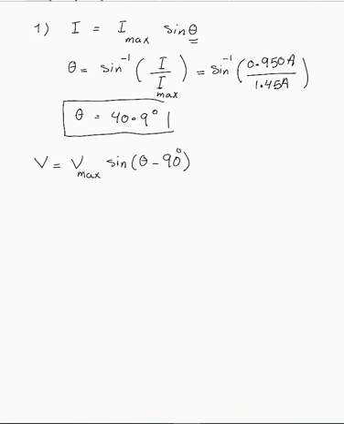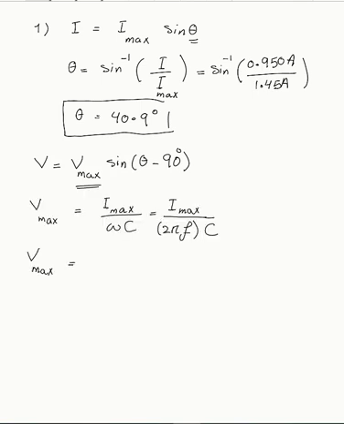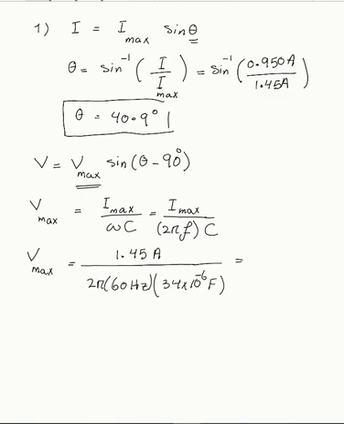Alright, so let's find Vmax first. Vmax, as usual, is going to be I max divided by 2 pi f C. Let's plug in the numbers, and do not forget to convert the microfarad to farad, and then our maximum voltage equals 113 volts. So now I have Vmax and I have theta.